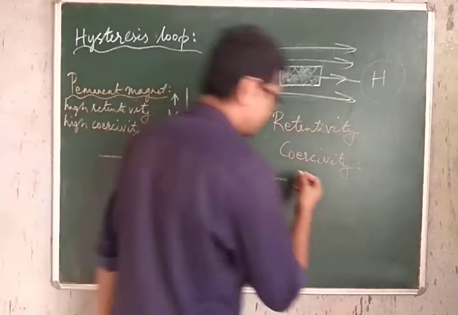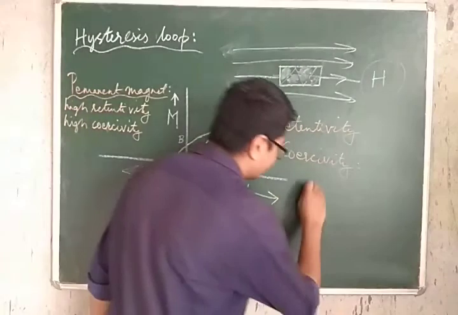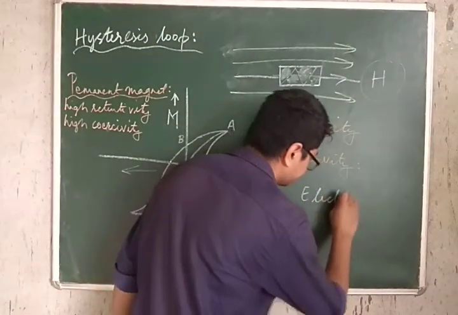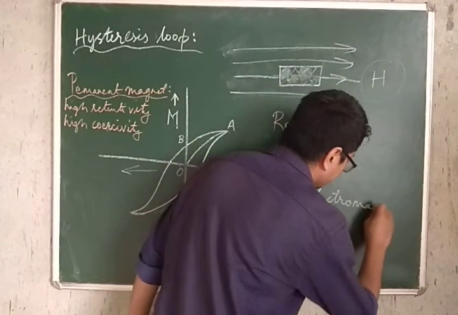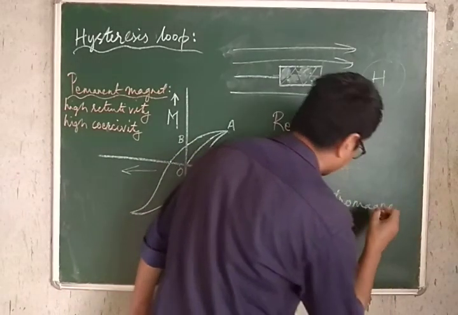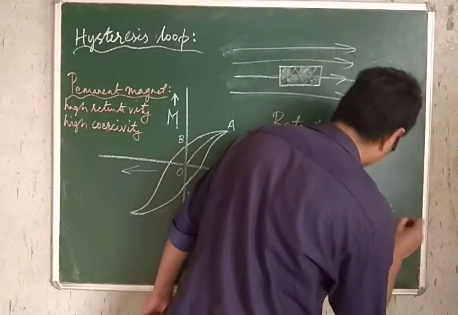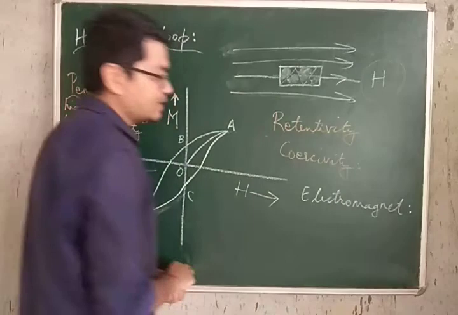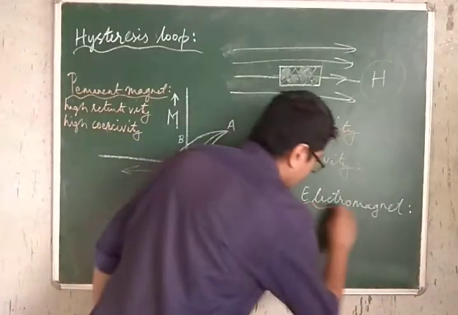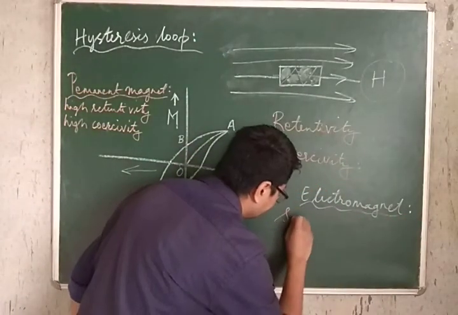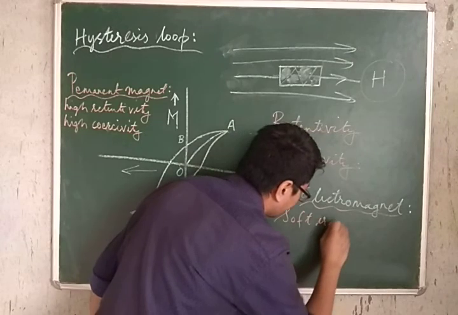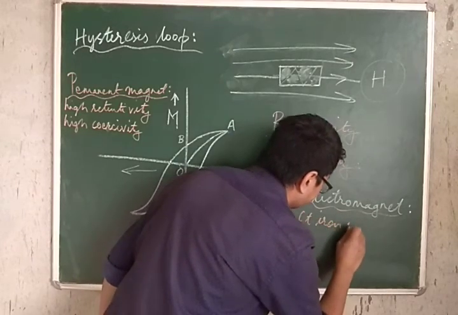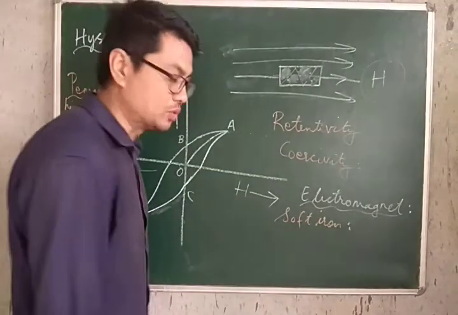Likewise, for an electromagnet, what kind of a property should the substance used to make an electromagnet have? In order to make electromagnets, we use soft iron. The iron that we use to build homes also.